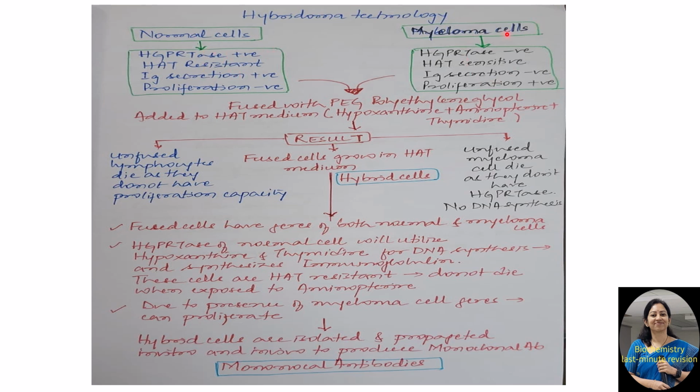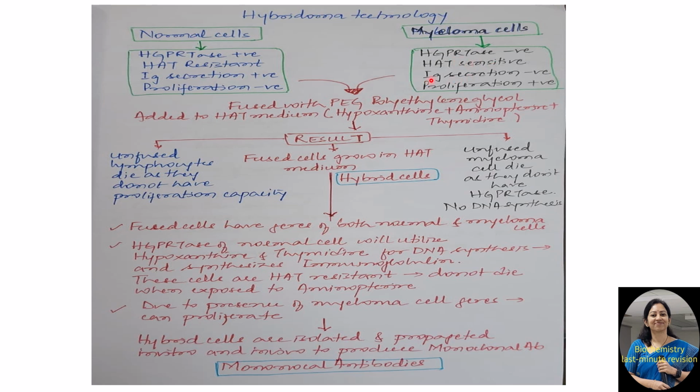The myeloma cells that are isolated from mice possess these particular characteristic features. They are HGPRTase negative. They do not have this enzyme, so the myeloma cells cannot synthesize purines and pyrimidines. They are HAT sensitive. That means if these myeloma cells are added to culture media containing hypoxanthine, aminopterin and thymidine, they tend to die. They cannot survive.